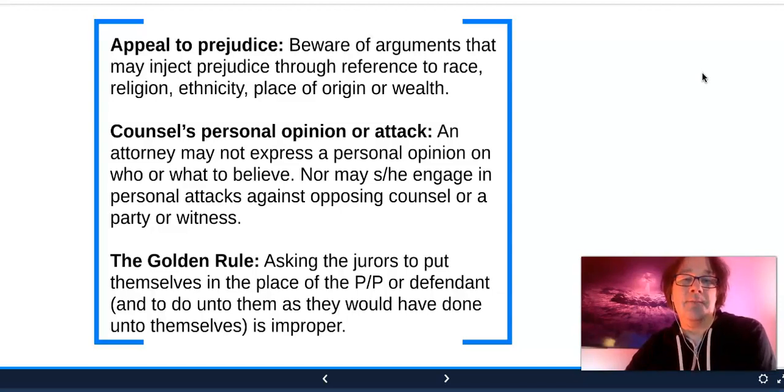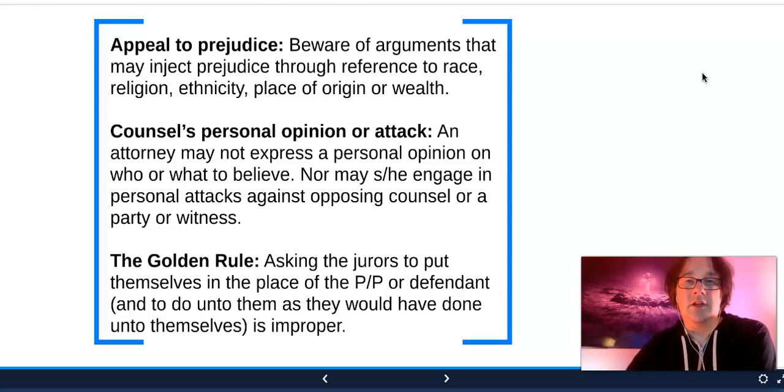So you should also not engage in personal attacks against the opposing counsel or witness. So don't start berating a witness or badgering a witness, or lob attacks over to your opposing attorney over there.